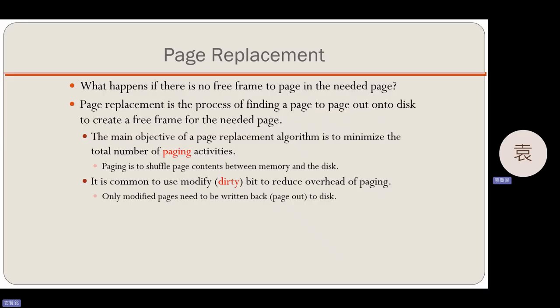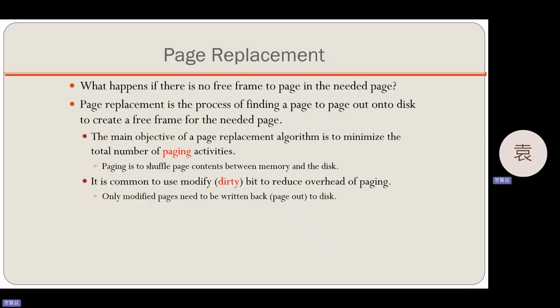And bring the page into physical memory. But if there's no free frame when a page fault happens, and a page needs to be loaded into memory, then we need to do some replacement. We need to select a victim from those pages which are currently in memory, swap out that particular page, and then bring in the needed page.